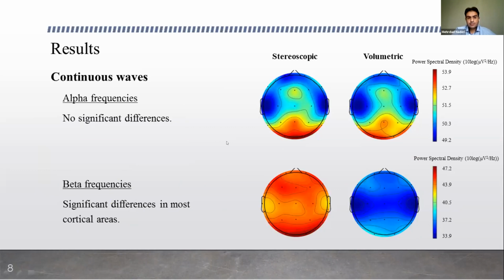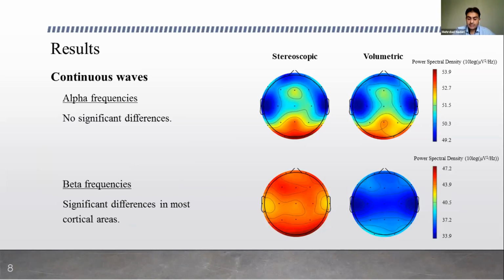Besides event-related potential, we analyzed the alpha and beta band in raw neural oscillations. When you look at the topographical map of alpha activity, you see no significant difference in alpha activity. However, at the same time, the beta activity differed for the two types of visualization.